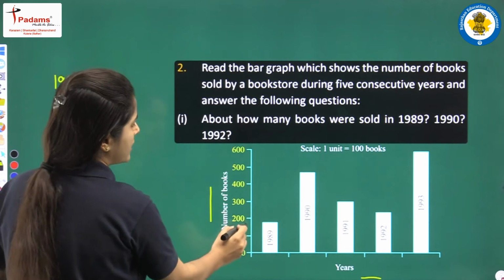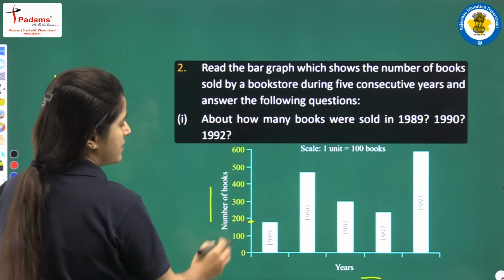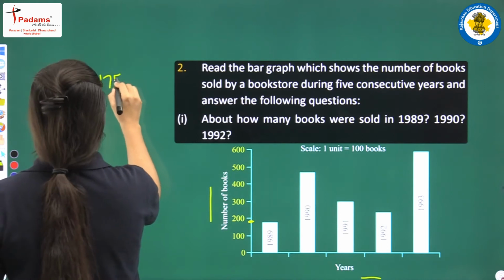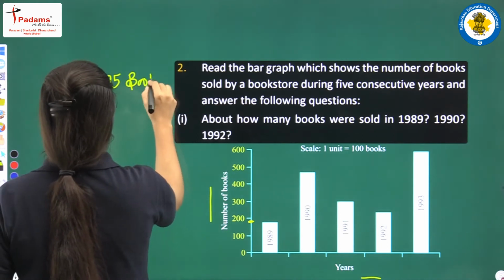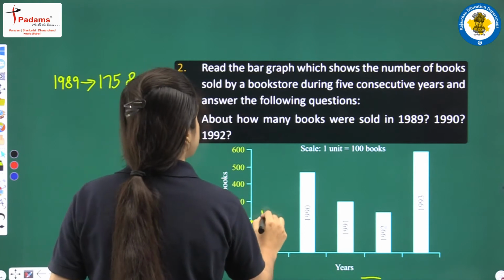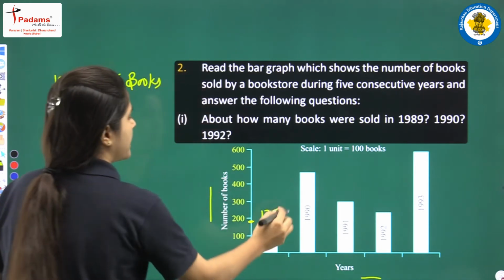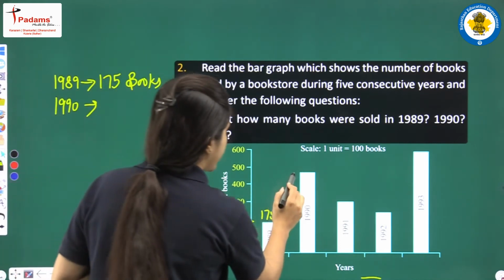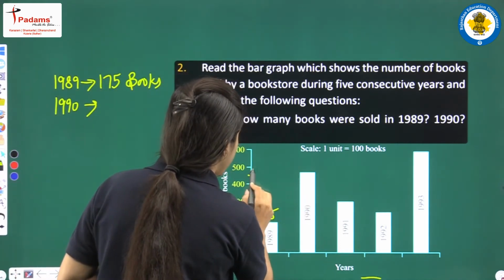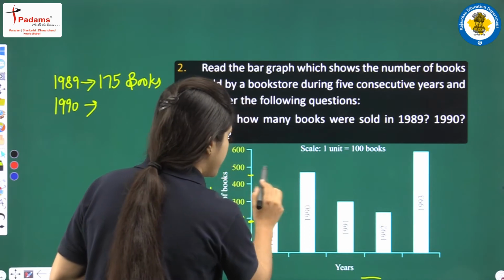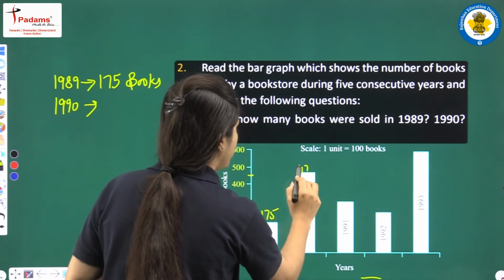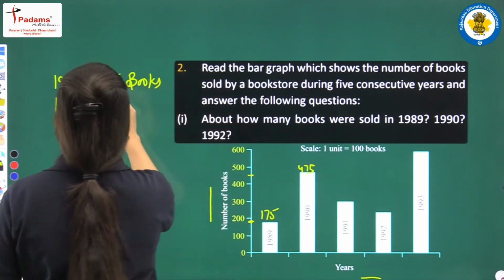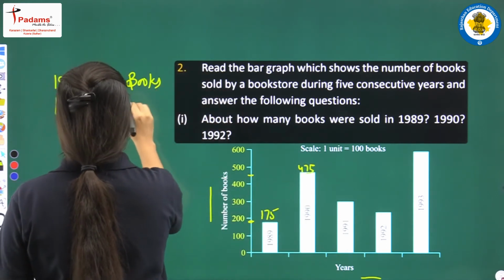About how many books were sold in 1989? Clearly you can have a look here. It is more than 150, so it is 175 books. The books sold in 1990 is greater than 450 and smaller than 500, so it is 475 books.